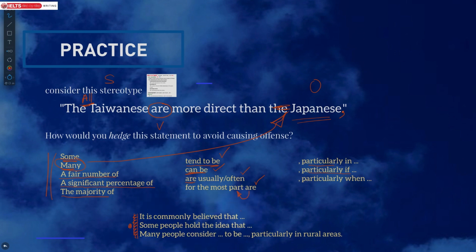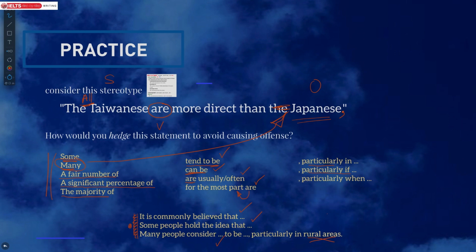It is commonly believed that, some people hold the idea that, many people consider the Taiwanese people to be more direct than the Japanese, particularly in, for example, rural areas. Okay, so that's another option that you can take when you're hedging.